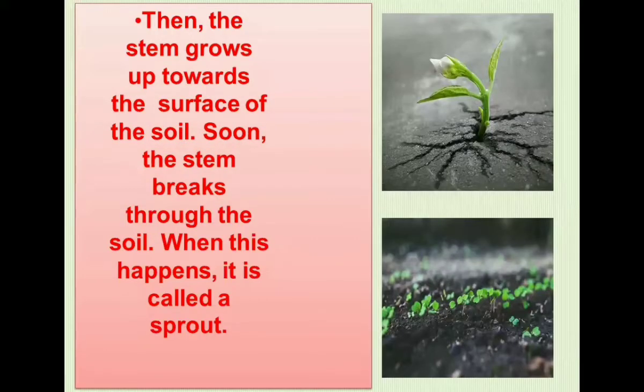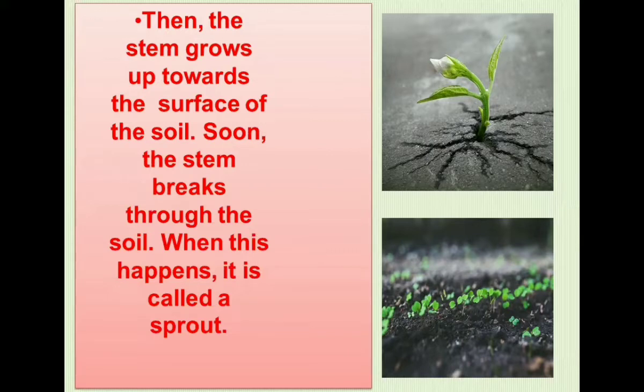What happens next? Then the stem grows up towards the surface of the soil. Soon the stem breaks through the soil. When this happens, it is called a sprout.